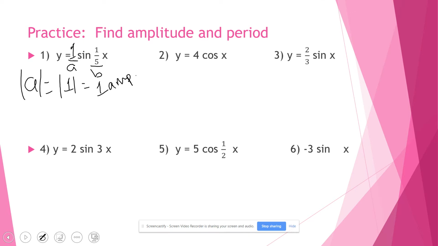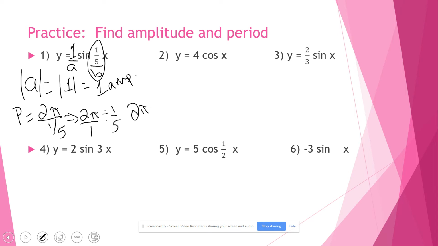Then for the period, we plug in the B value to the equation. So we have 2 pi over 1/5. We'll discuss using our calculators for this tomorrow, but remember we never divide fractions. So rather than 2 pi divided by 1/5, this is 2 pi times 5 over 1, which gives us a period of 10 pi.